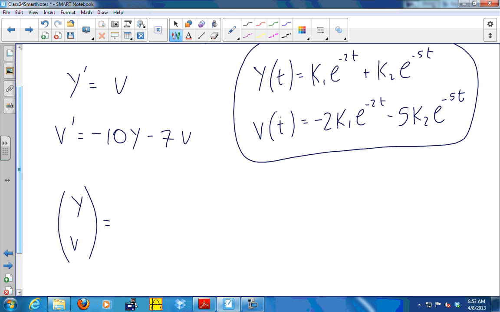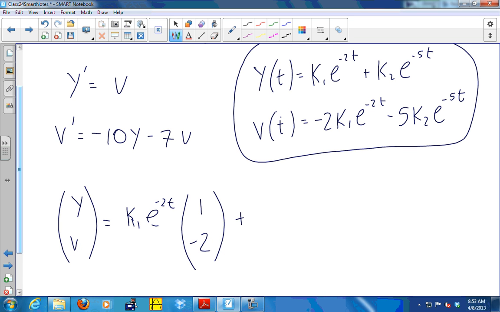Okay, so both of these functions have a k1 e to the negative 2t. Both y and v have a k1 e to the negative 2t. The coefficient on the y is a 1, and on the v is a negative 2.